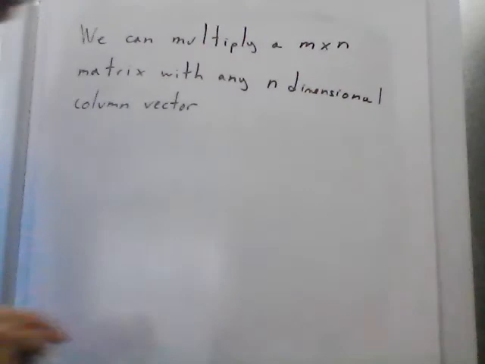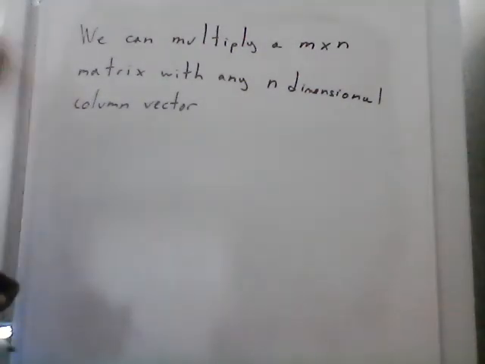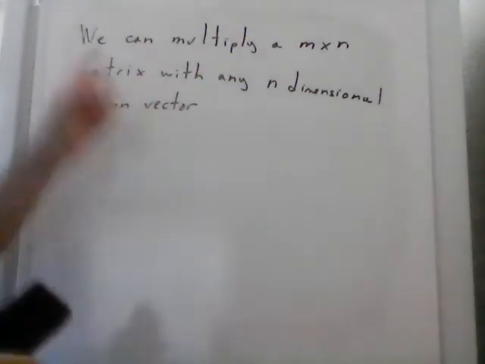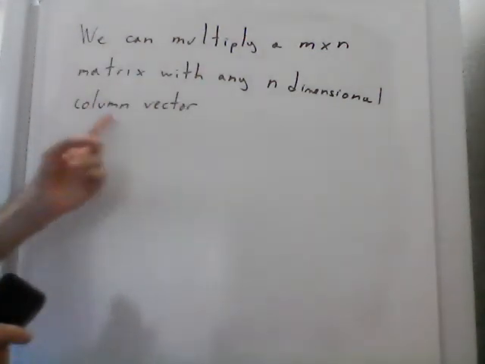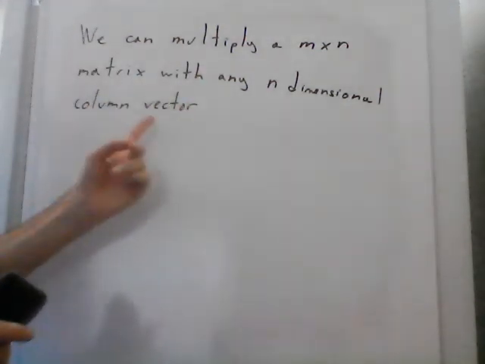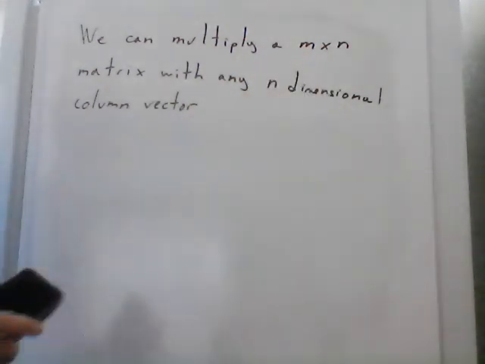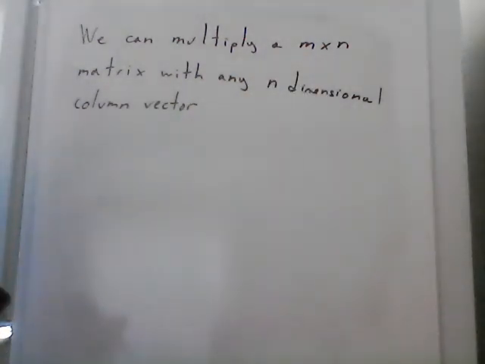By n-dimensional column vector, I mean a column vector with n components. So you can multiply a matrix with a column vector that has the same number of components as the number of the columns of the matrix.